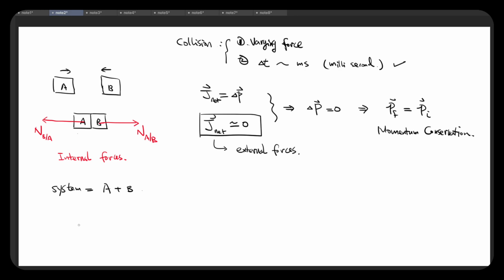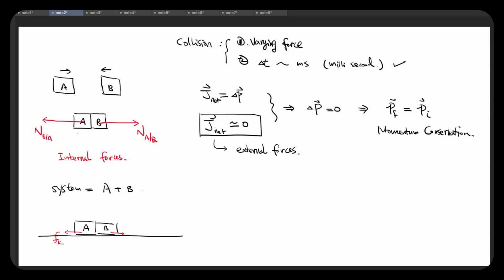So now let's say they collide on a horizontal surface. Then in order to have this condition, let's say when they collide, there are some frictions acting on them. So the friction forces are negligible. So in this case, when they are colliding, they're still sliding on the surface, right?